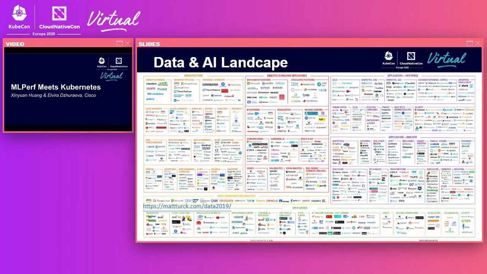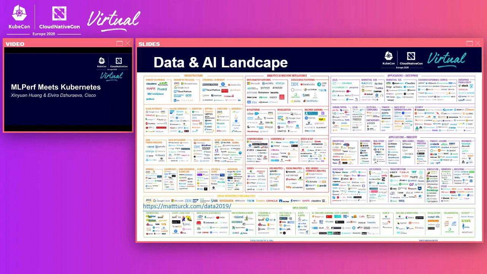In this slide, you can see the huge picture of the variety of tools for big data and AI. This landscape shows how much AI has been integrated into our lives and how many tools we can use nowadays to support our machine learning applications.